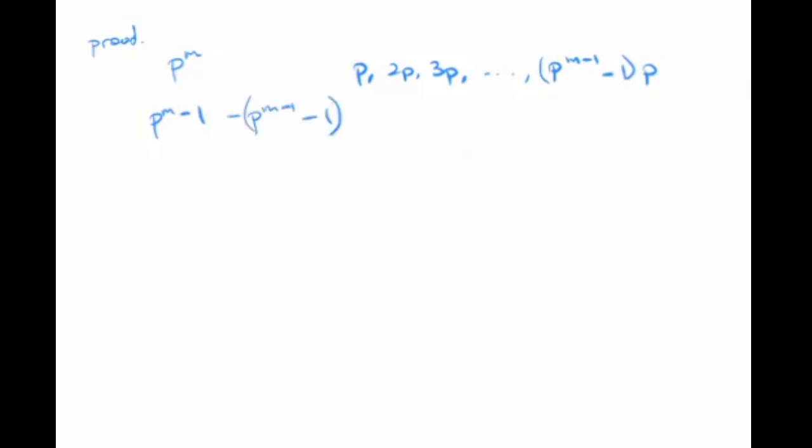First we notice that if we have P to the M for some M, right? Then the only numbers not relatively prime are P, 2P, 3P, basically all the multiples of P. Now there's P to the M minus 1 numbers less than this, and P to the M minus 1 numbers that are not relatively prime.